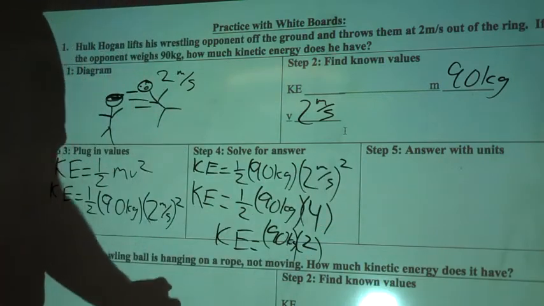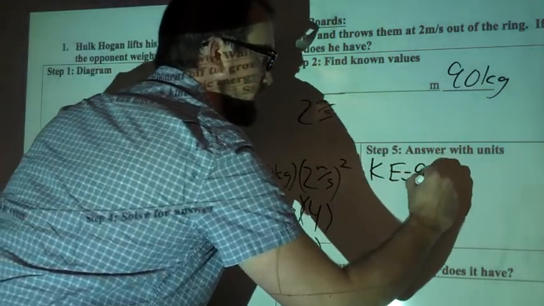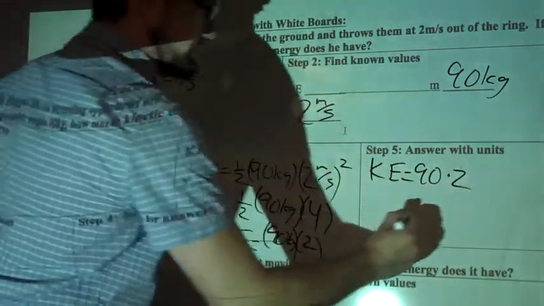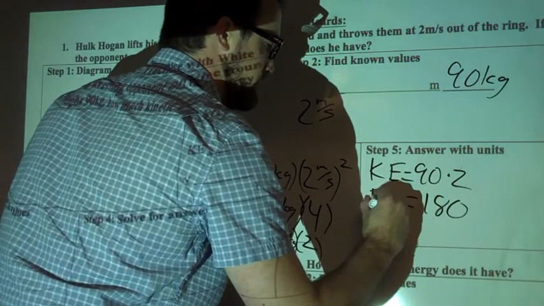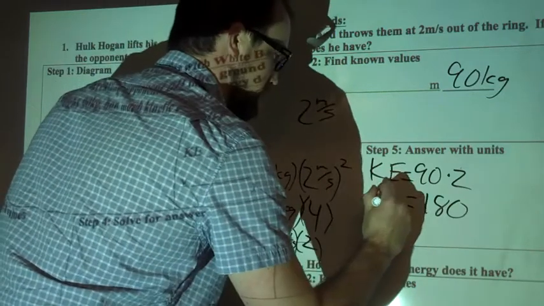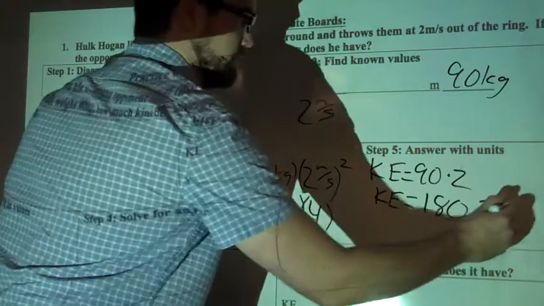And I'll do that math up here. So KE equals 90 times 2, and 90 times 2 is 180. Since I'm writing this out with the correct units, it's going to be KE, or kinetic energy, equals 180 joules. That's my final answer.